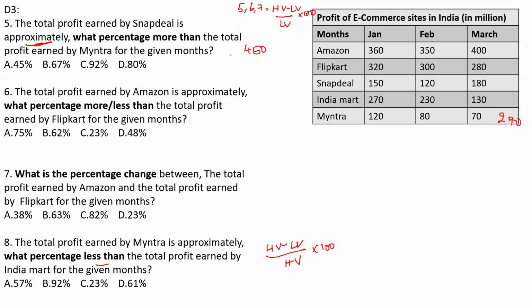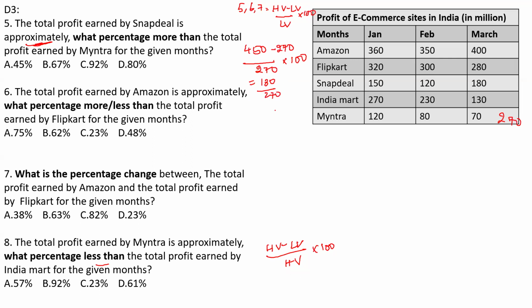So instead of calculating manually, 450 minus 270 divided by 270 into 100. Just first find out the difference, 450 and 270, you can easily calculate, right? 450 minus 270, it's 180. So 180 divided by 270.